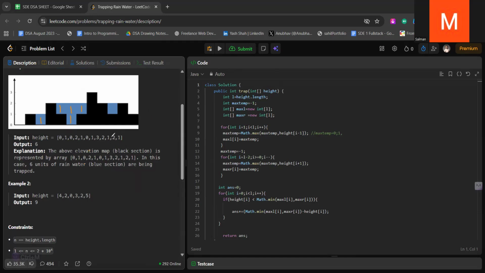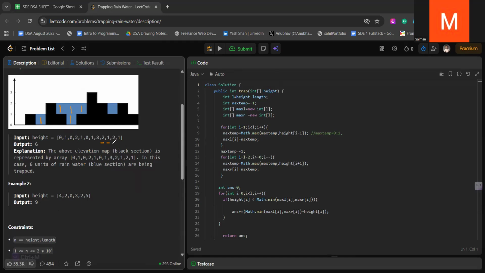Now let's move on to our next element, which is the 11th element, I guess. Wait, it's the ninth element, right? Okay. And what is the leftmost highest boundary of this? Nearest and highest boundary. That is 2.